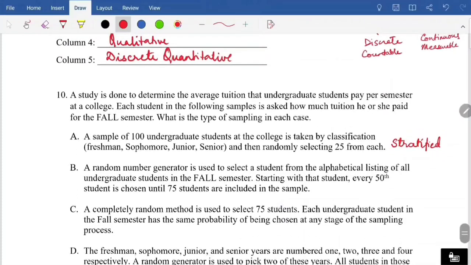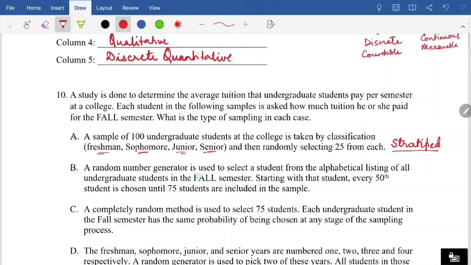But for now, in stratified sampling, you categorize your population into groups, and then you represent each of those categories by a certain number. So you draw a certain percentage of students or candidates or items from each of the strata that you divided your population into. It's called stratified. Now, let's look at B.